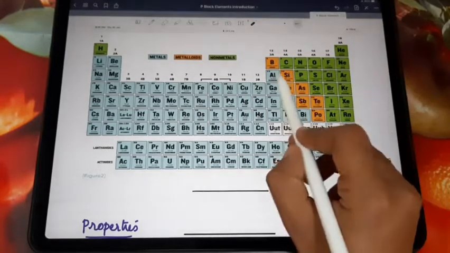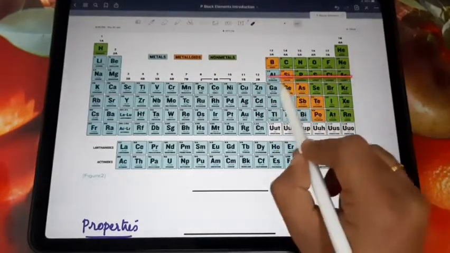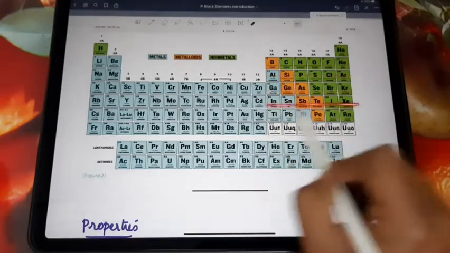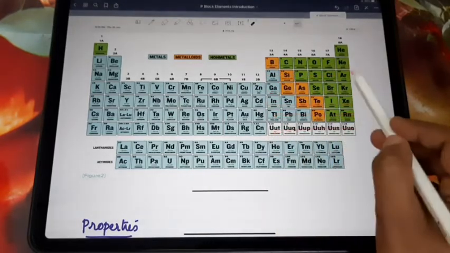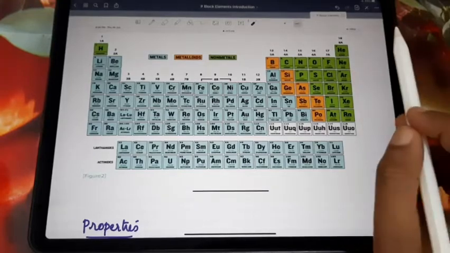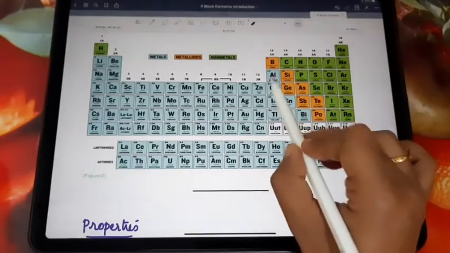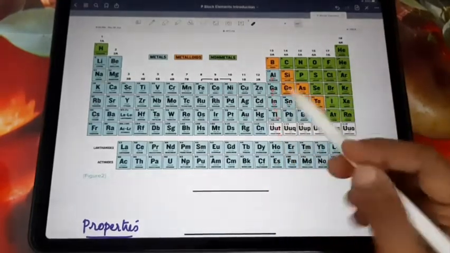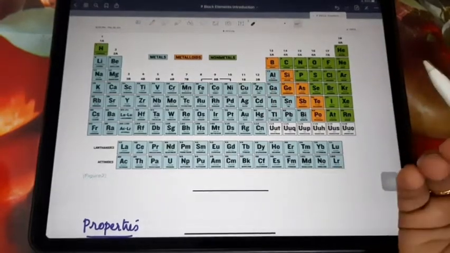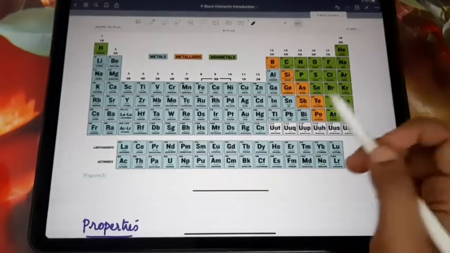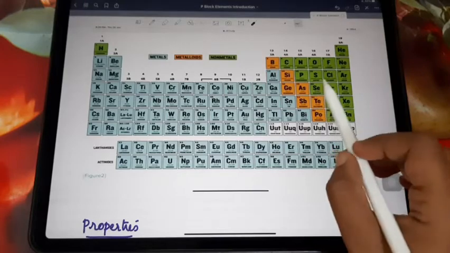But from aluminum and silicon, third period onwards, fourth, fifth, sixth and seventh period, the atomic number increases. So when the atomic number increases, there is a chance of including d and f subshells in the electronic configuration.